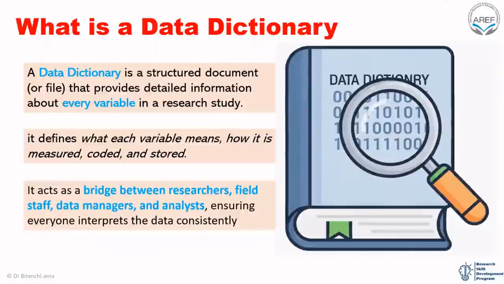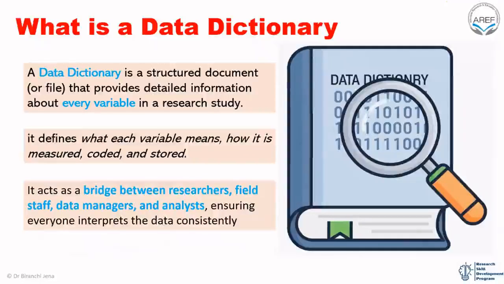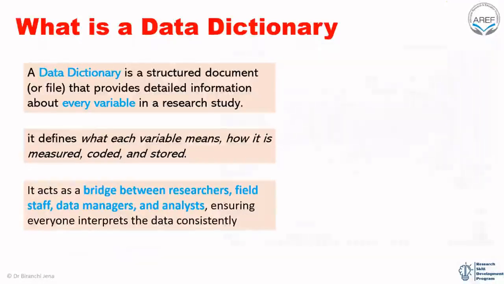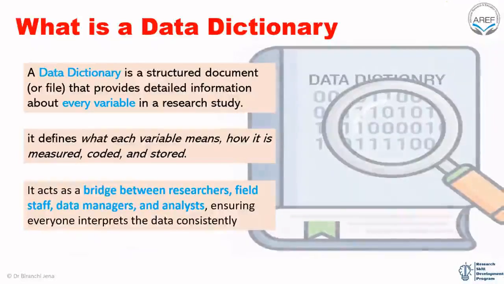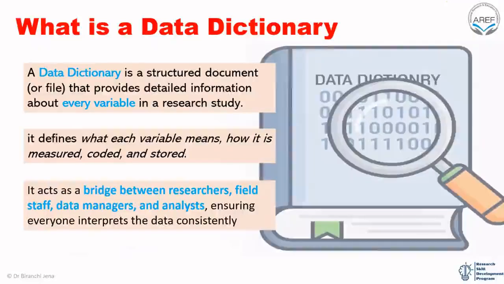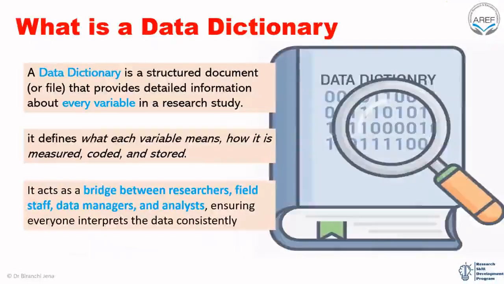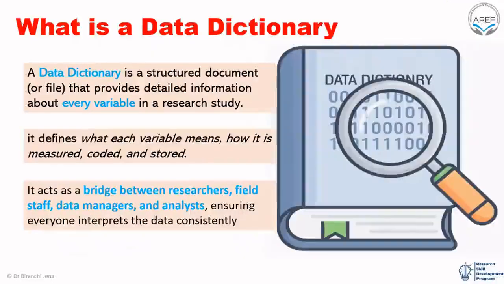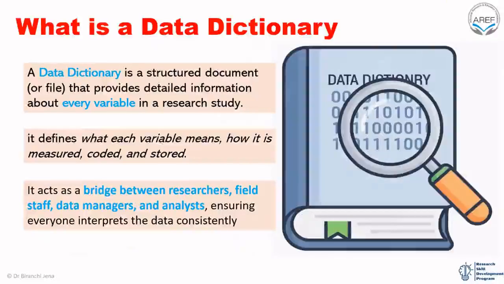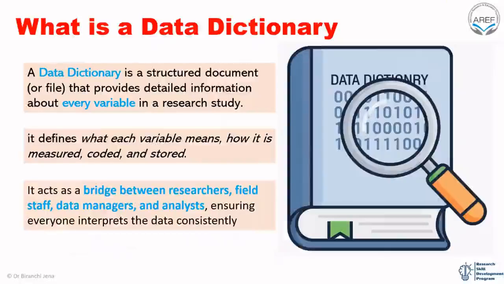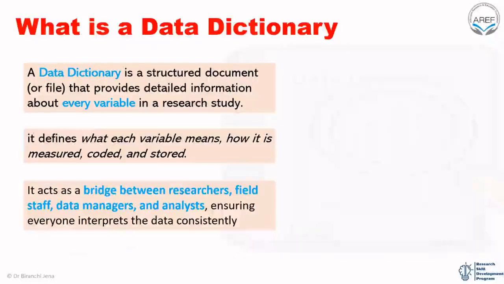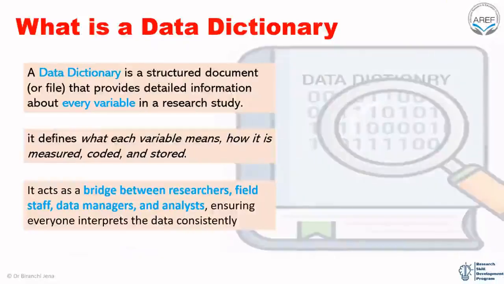Now, because of that, as I said, this data dictionary acts as a bridge between the researcher and your field staff. Sometimes, although you are the researcher, you may be depending upon certain other people, maybe some of your students if you are a faculty, or some of your friends who can help you collect data from the field, from the respondents who are part of your research sample.